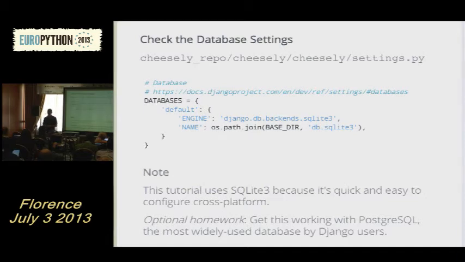Has anyone here done mobile development, on Android or iPhone? What's the database that they use on those things? Yeah, it's SQLite. The most used database in the world is SQLite. It's not Oracle, it's not MySQL, it's SQLite.